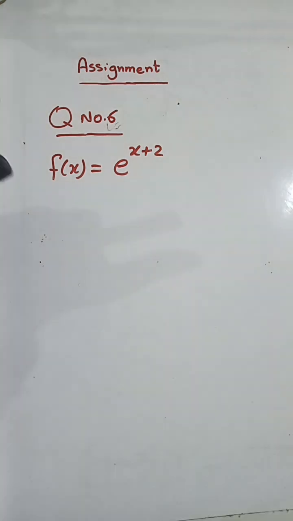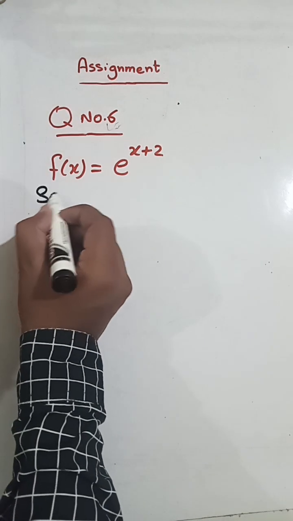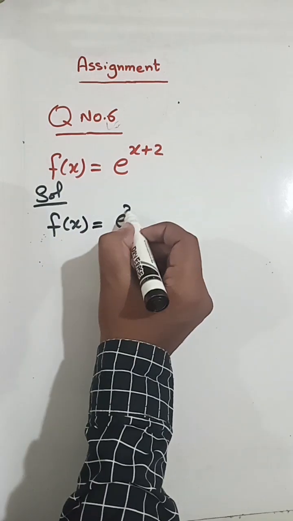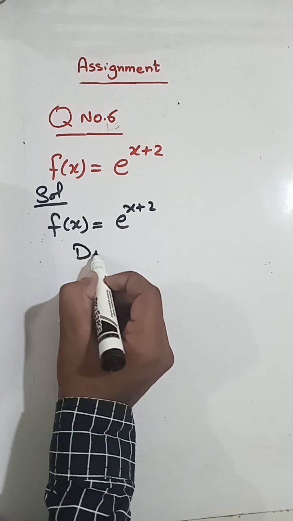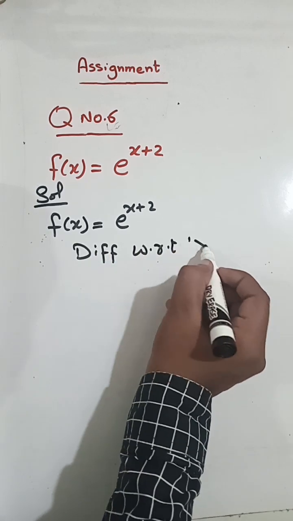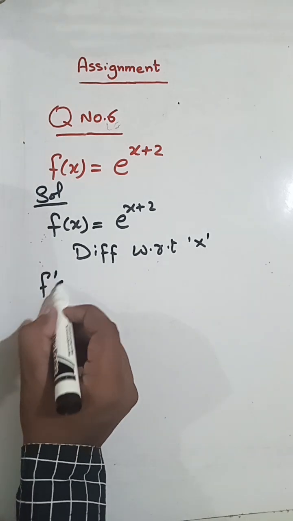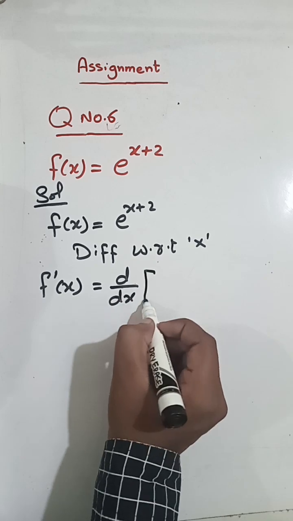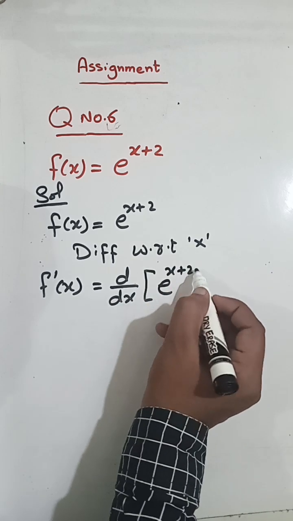Solution: differentiate with respect to x. It is f prime x, d by dx of e raised to power x plus 2.